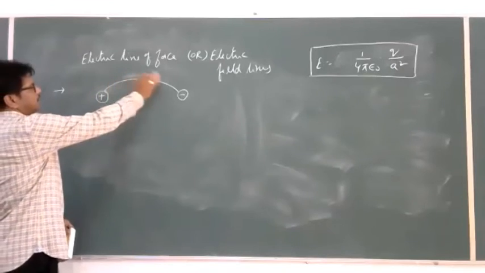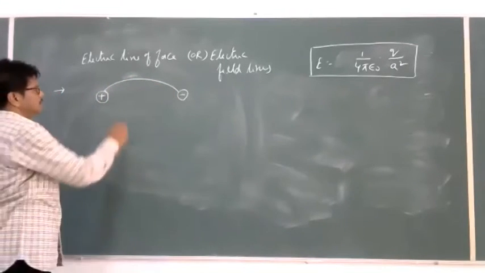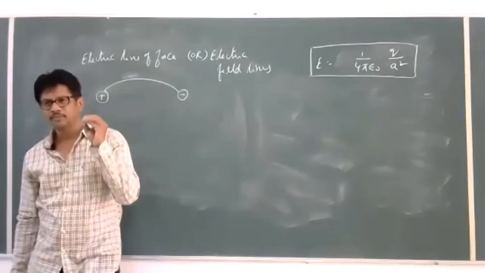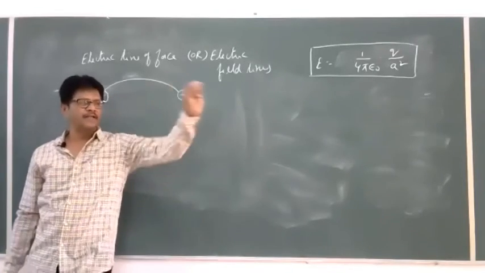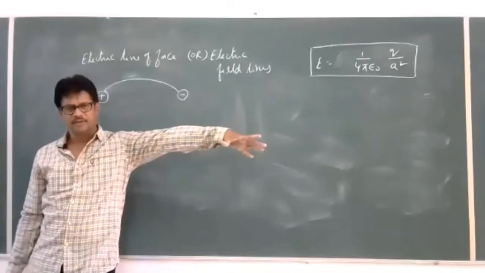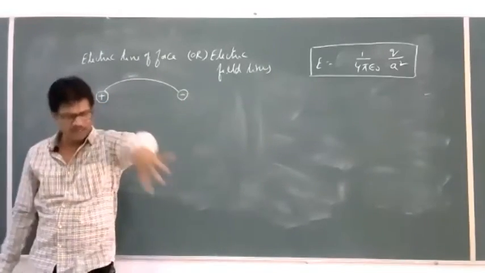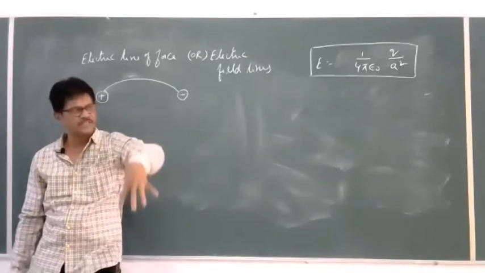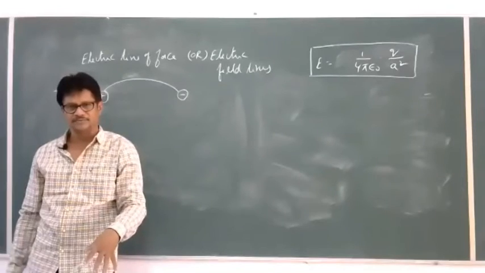So here I would like to say one thing. Wherever the electric line of forces are present, there will be an electric field. Whenever somebody says some electric field is there, that is nothing but that space is fully occupied by electric line of forces.